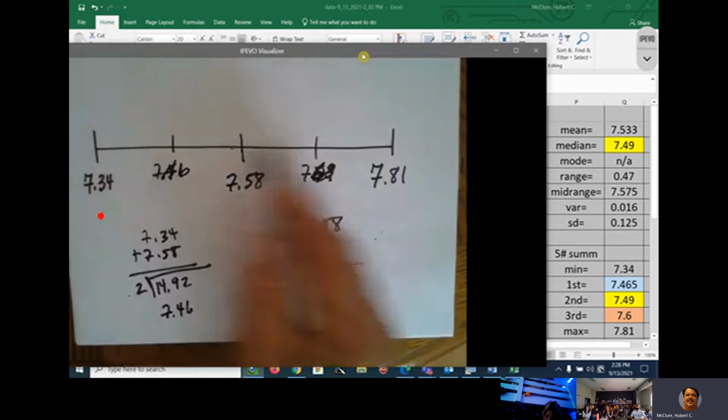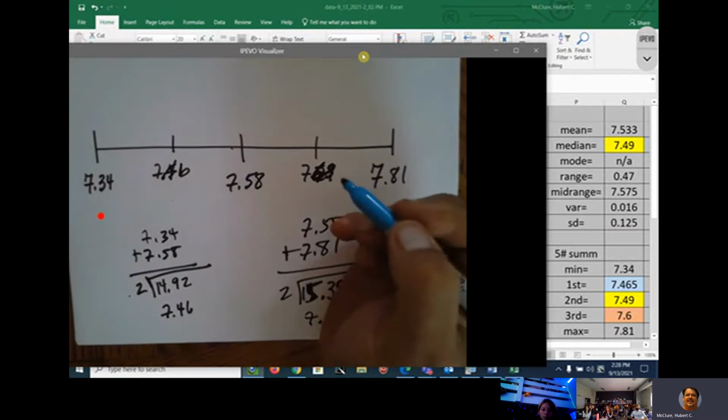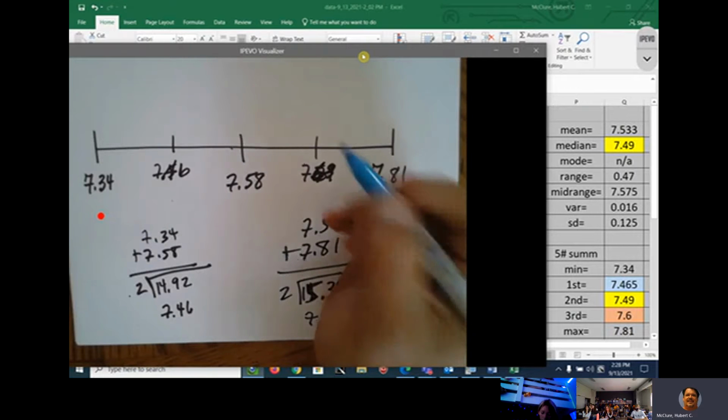Now, once you graduate your number line, light blue is my 7.46.